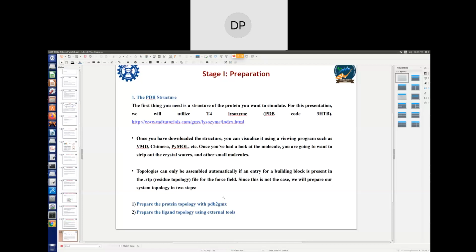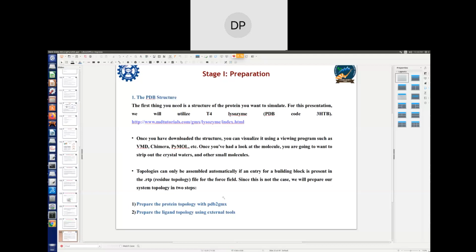But suppose you have an X ligand in the protein, and for that X ligand you do not have the RTP file, or force field file, in the software.